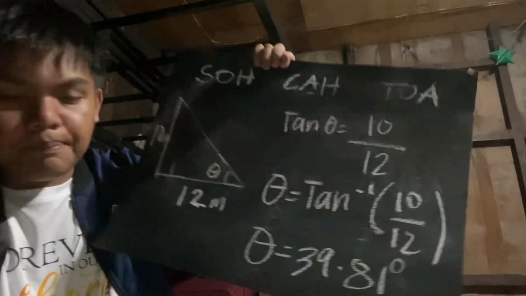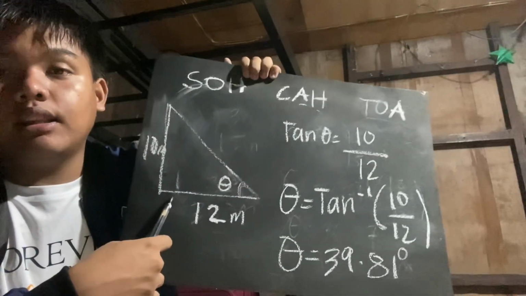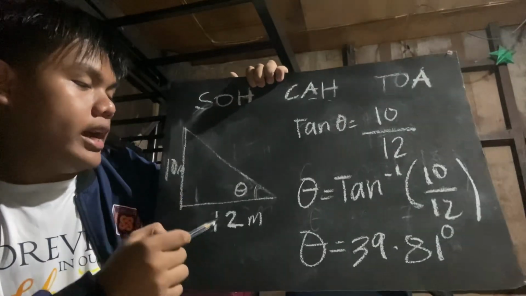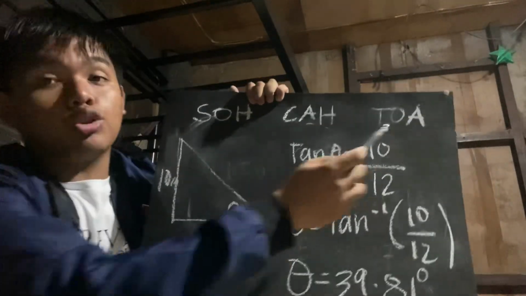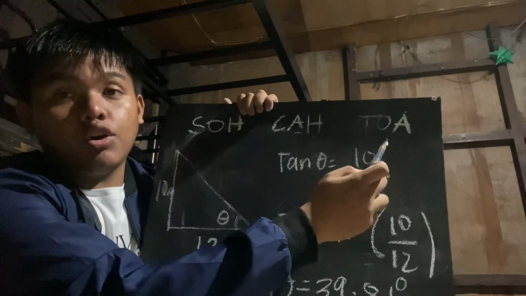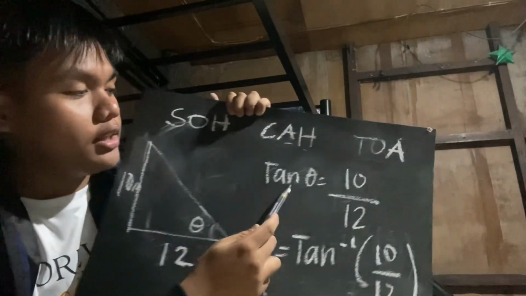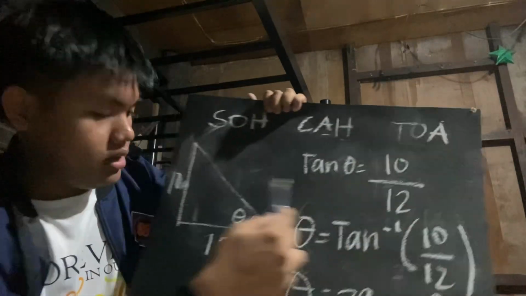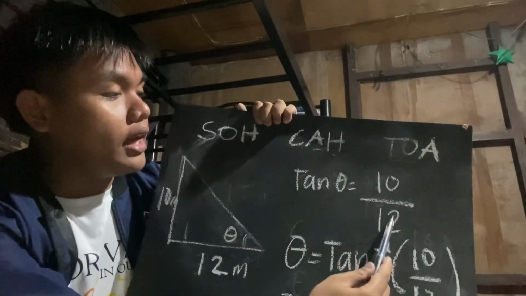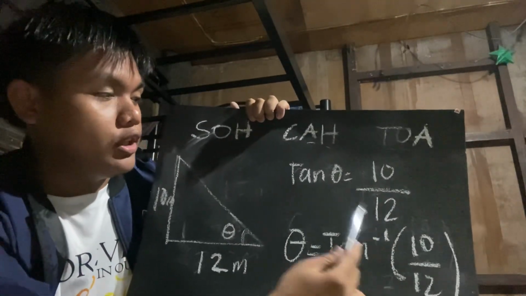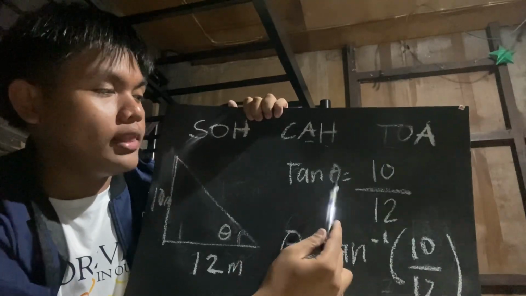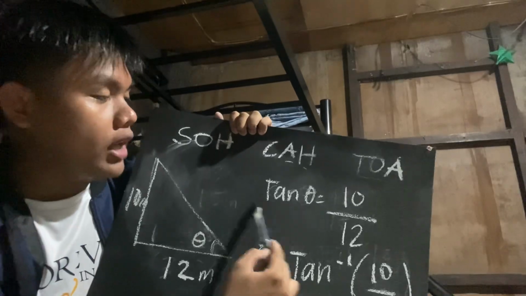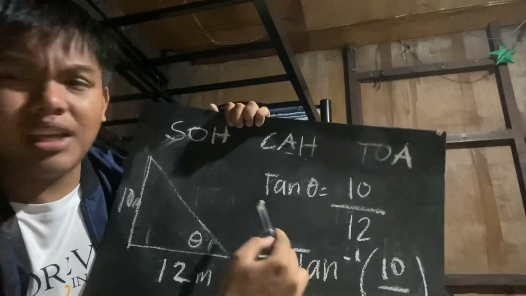Okay? To recap, we have a given right triangle and we have the given opposite of its angle and the adjacent. So we can use TOA, since TOA is opposite over adjacent. So tangent theta, since we are finding the angle, is equal to 10, which is the opposite, and the adjacent is 12. And to get theta on its own on the other side, we don't divide both sides by tan.